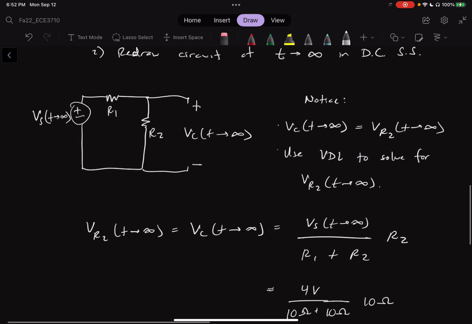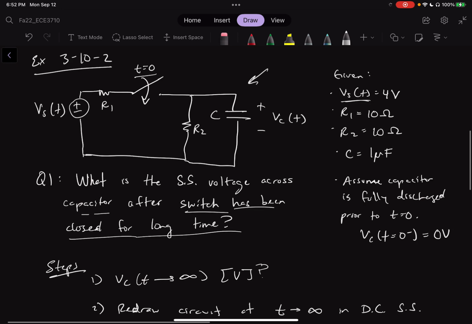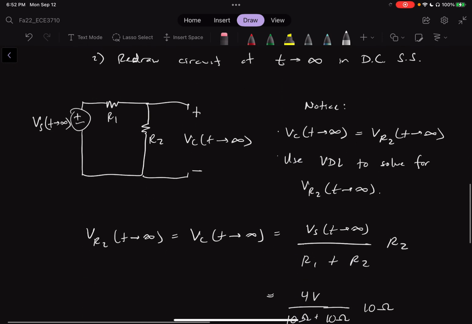Again, we were given a circuit as shown here. We assume time is approaching infinity because the switch has been closed for a very long time. We assume DC steady state, so we redrew our circuit as shown here. There's an open circuit at the capacitor now, and it's in parallel to R2.